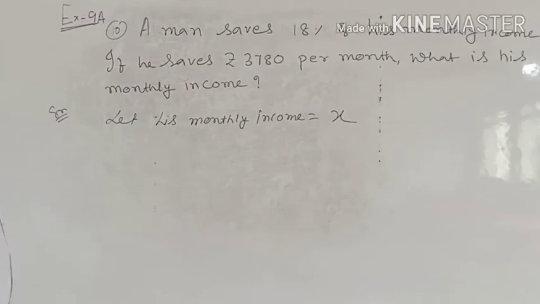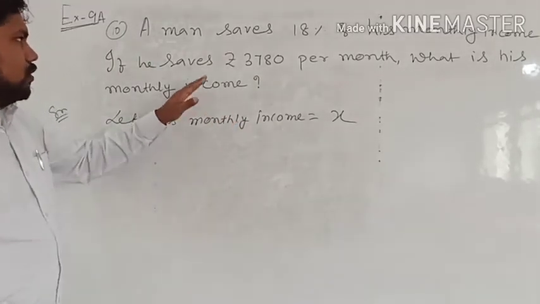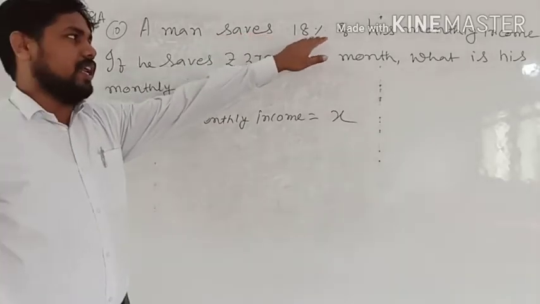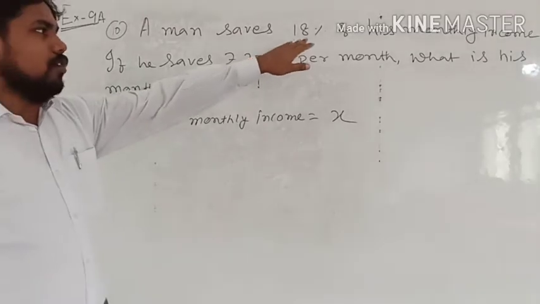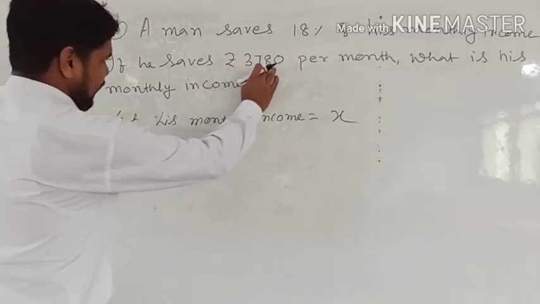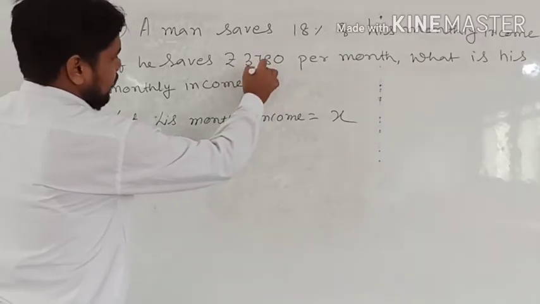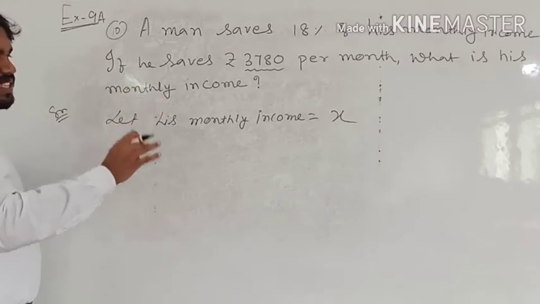Now it is given that he is saving 18% of his monthly income, which is 3780. So 3780 is 18% of his monthly income.